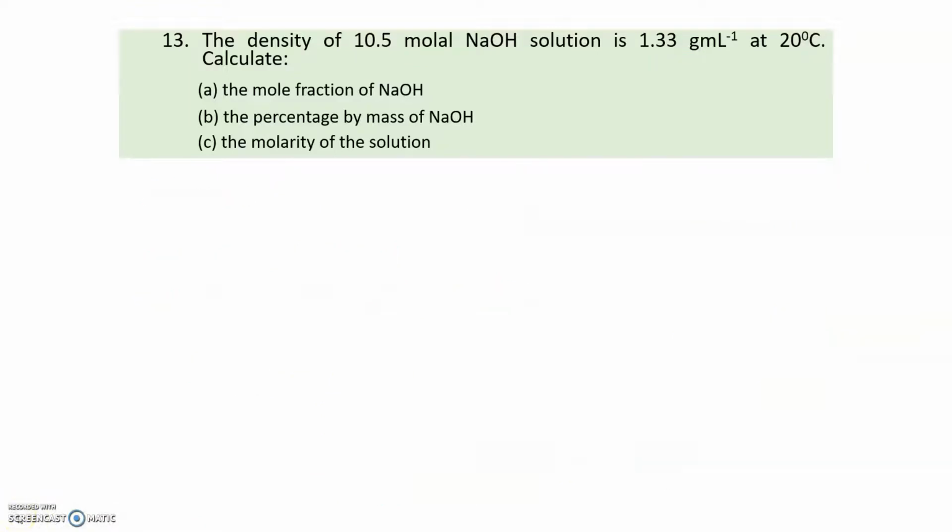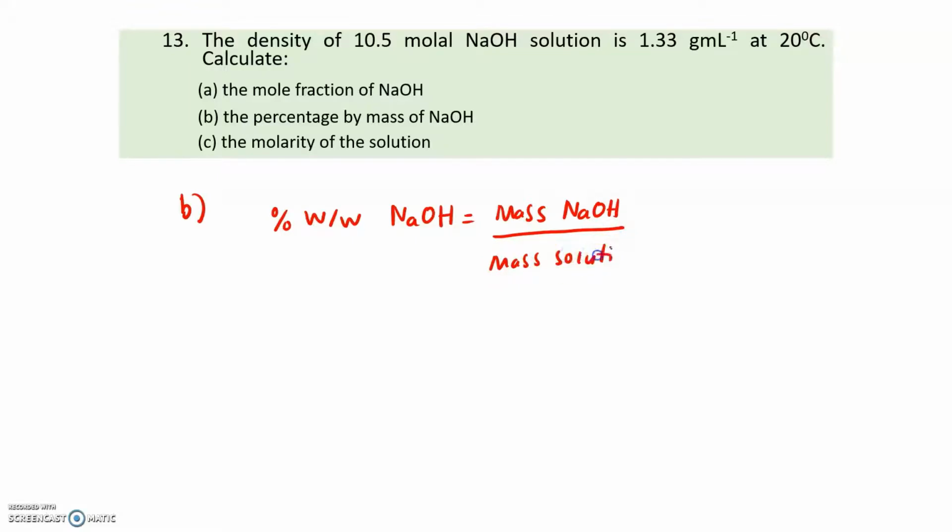Okay, next question. How to find the percentage by mass of sodium hydroxide? So write the formula first. Okay, this is the answer for B. Percentage weight by weight of sodium hydroxide is mass of solute, that is sodium hydroxide, over mass of solution, times 100.